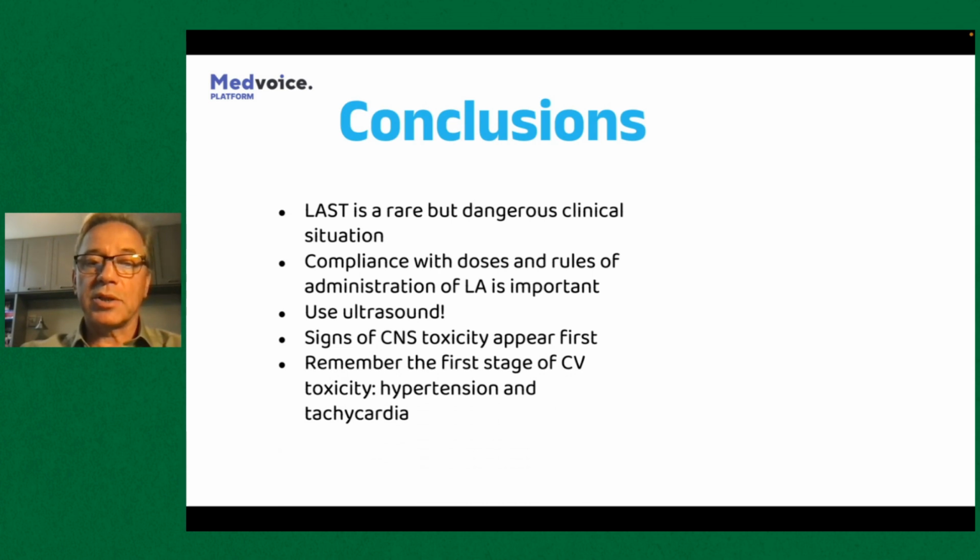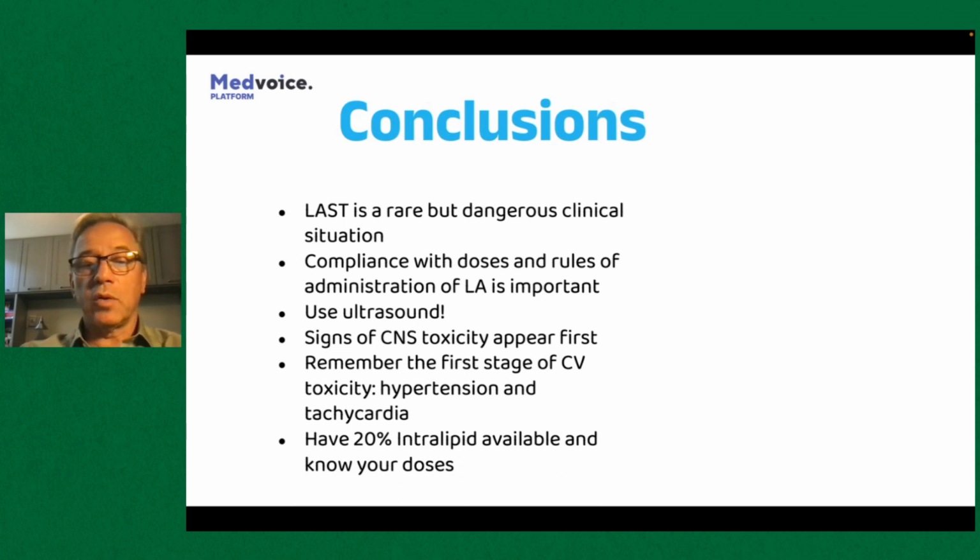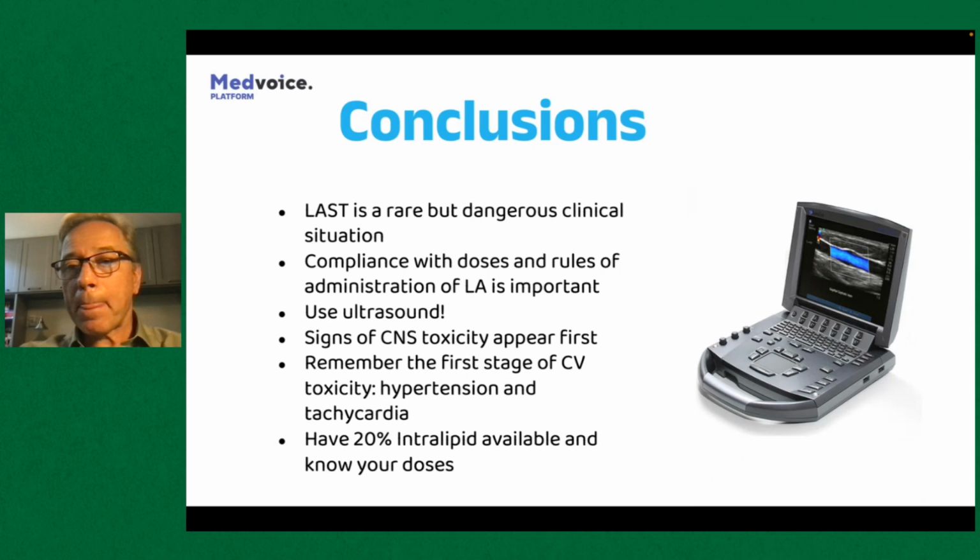So treat hypertension and tachycardia very suspiciously, and have your 20% intralipid available in all clinical areas and know your doses. So 1.5 mils per kilogram as a first dose, 1,000 mils per hour.